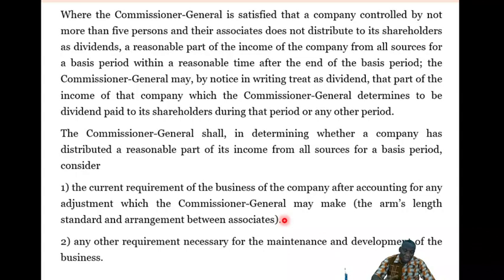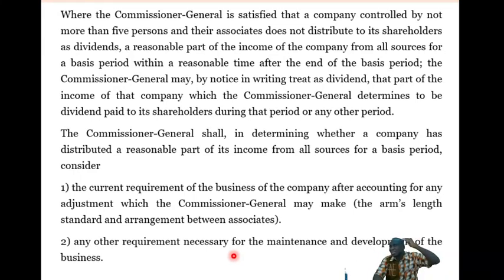Okay, after doing that, the Commissioner General should consider whether all the arm's length arrangements have been done and any other requirement that is necessary for the maintenance and development of the business. Perhaps it is true that they need to grow the business, so they don't want to declare the profits now, so as to plow it back for investment to grow the business.